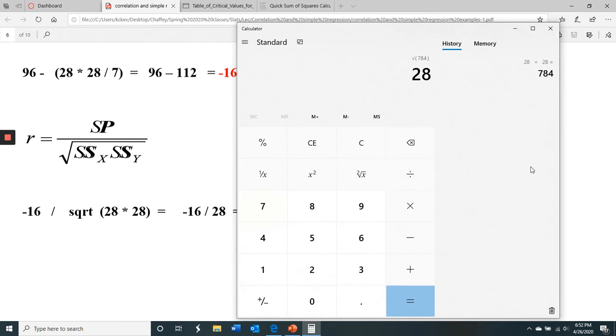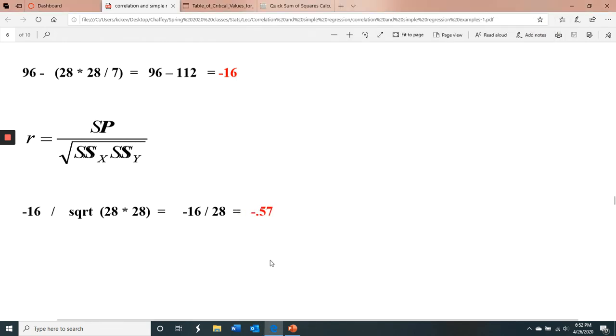And then we take the square root, we're back to 28. Pretty simple stuff, right? So negative 16 divided by 28. So our Spearman correlation here, which went down quite a bit. So there's something to this in terms of the shape of the actual data. It's negative 0.57 is the Spearman correlation.